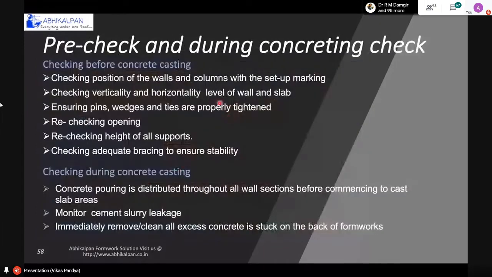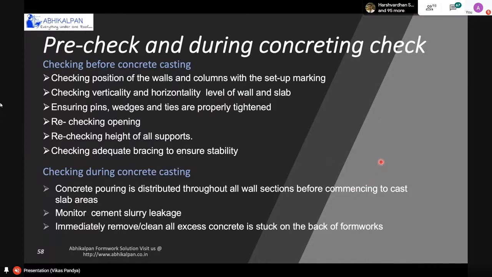After completion of the entire erection, we have to go for the check, both before casting and during casting, and make sure that all these things are taken care of. Before casting, we have to check the alignment of all the panels, all wall panels and deck panels. We have to check the verticality and horizontality of all wall and slab panels.